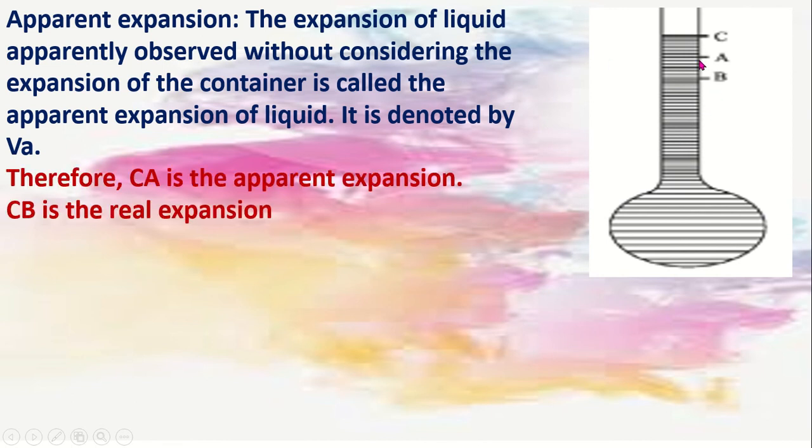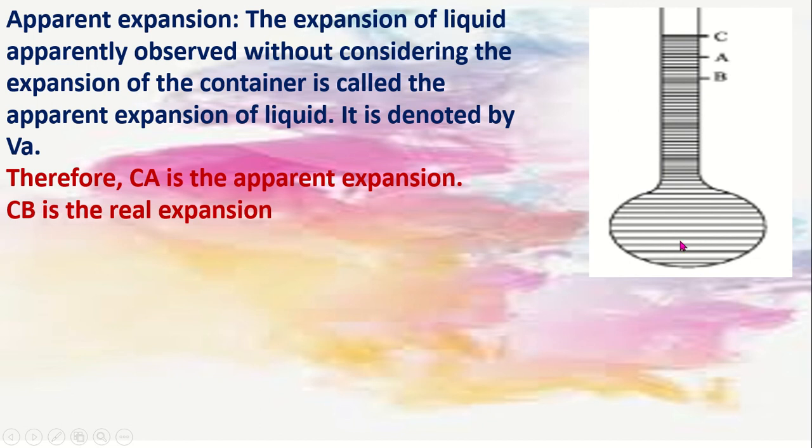Look here, the liquid is at first taken up to the level A, and if we apply heat from the bottom of the container or the bulb, then what will happen? At first, the bulb, which is made of glass, will receive the heat and it will expand. As a result, the level of the liquid will go down and reach the level B.